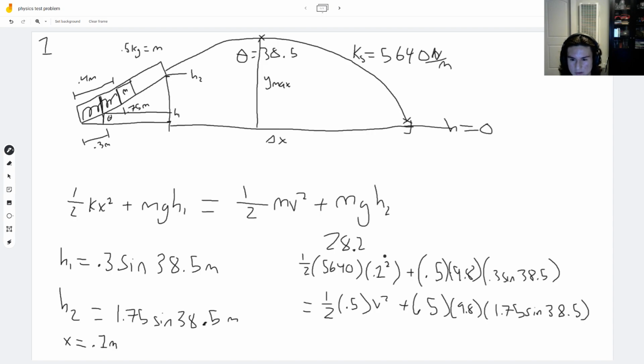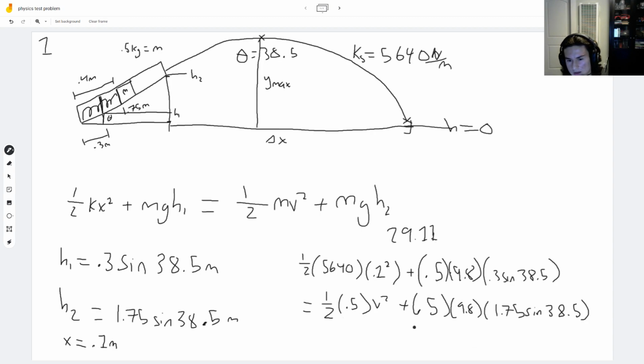So now we're going to add on the gravitational potential energy, which is 0.5 times 9.8 times 0.3 sine 38.5, and so that gives us a slightly bigger number. So the total of this half of the equal sign will be 29.11. Again, this is in joules because we're measuring the energy.